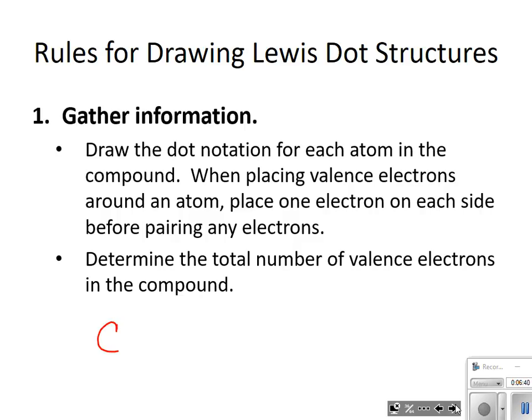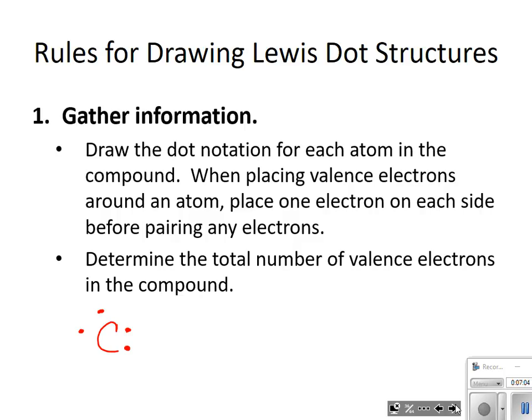Let's talk about carbon. If we were going to draw the dot notation for carbon, we would draw it like this. Correct? That is how we would draw our dot notation for carbon.